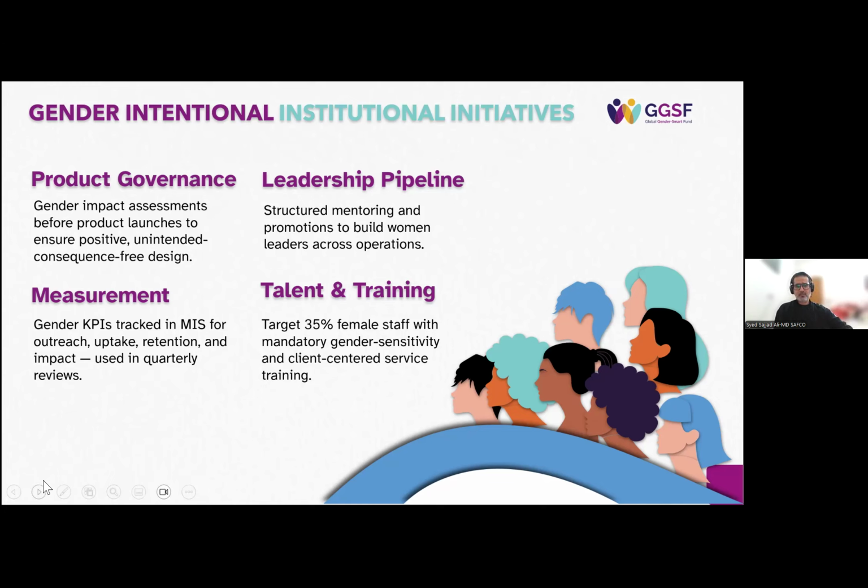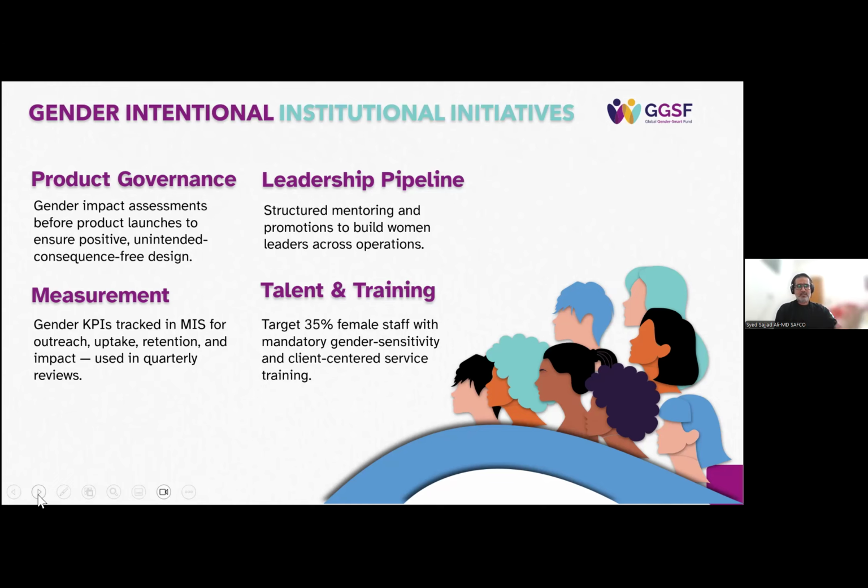When there is a review at the quarterly level or six-monthly level, or the annual appraisal, we are following and measuring the KPI through outreach, through uptake, through retention, and certainly the impact so far. That particular area also helps us synchronize the initiative accordingly.